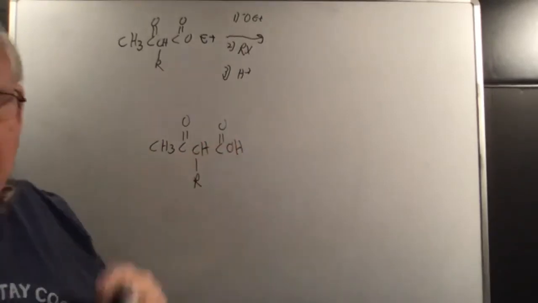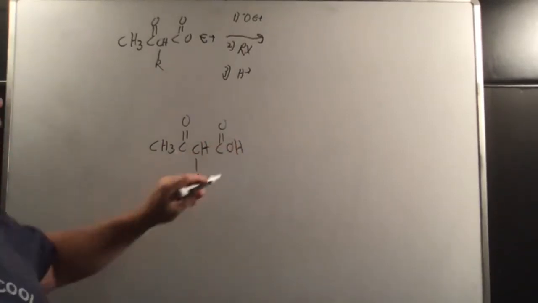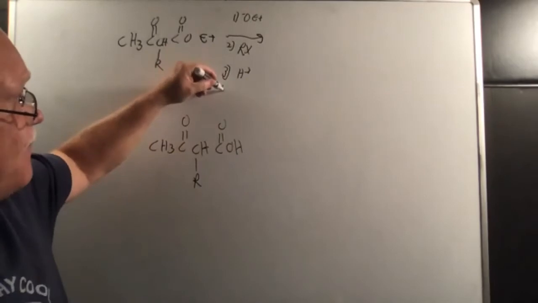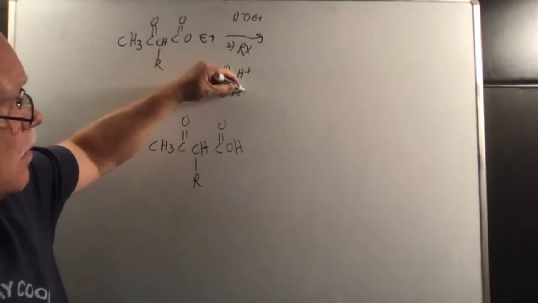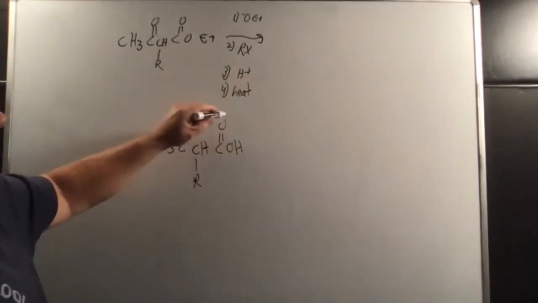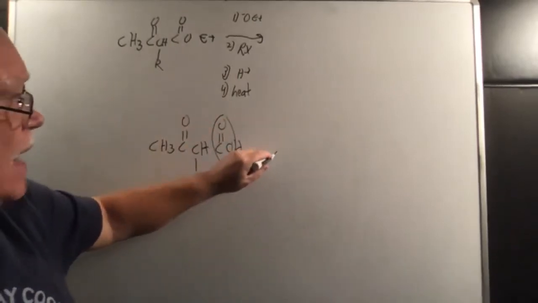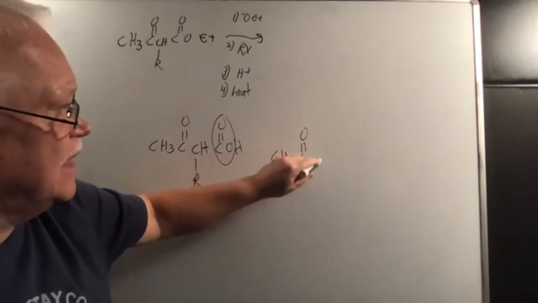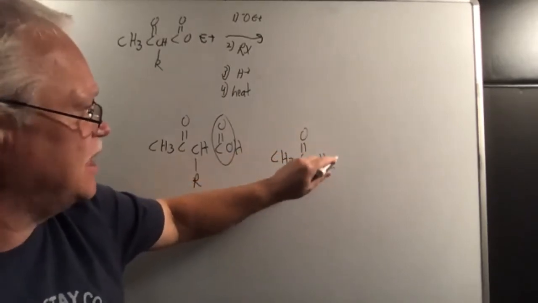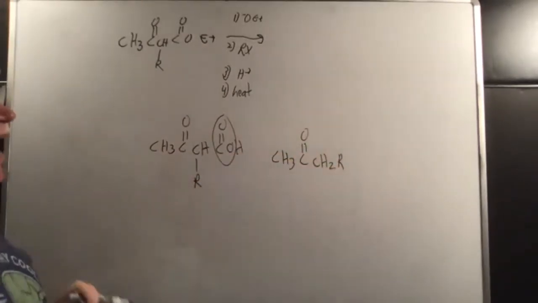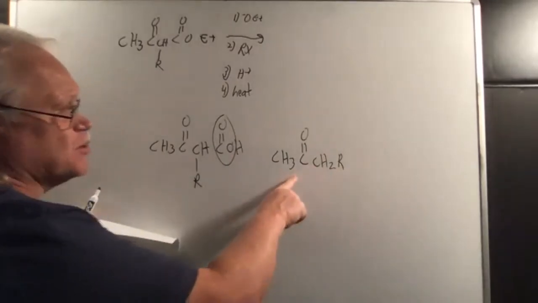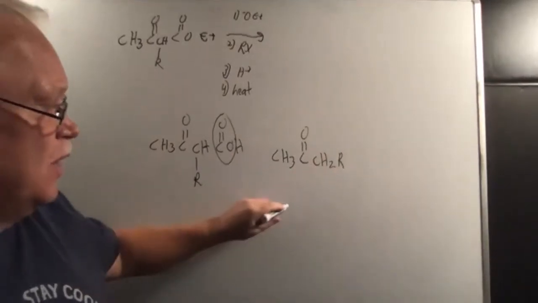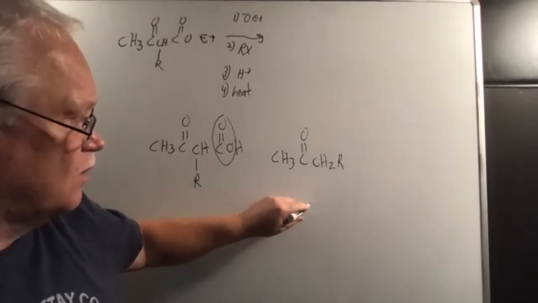And using the same cyclic mechanism we saw before, when we heat this in step 4, we lose the CO2, and notice what I get. Now in this case, notice the product is different. We get an alpha substituted acetone. This is acetone.